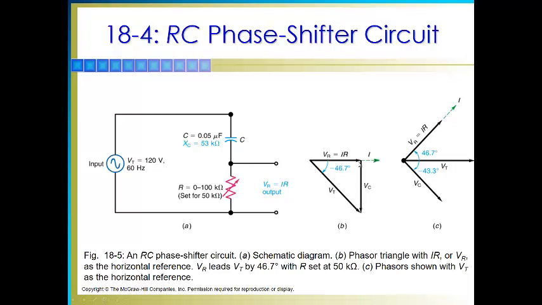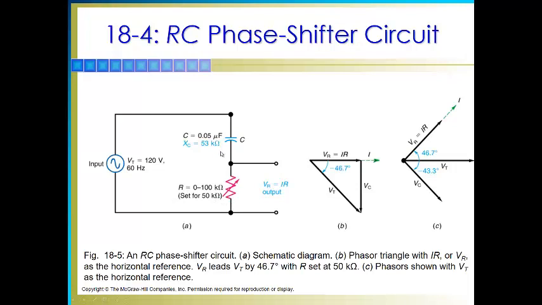And this lags the resistance, so it's going to go down this way. If I find the voltage across the resistor, it is the current times the resistor, right?